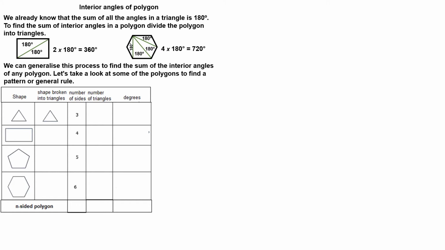The sum of interior angles of a triangle is 180 degrees. The quadrilateral can be made from 2 triangles. Multiplying the number of triangles by 180 degrees, we get the sum of interior angles of a quadrilateral.